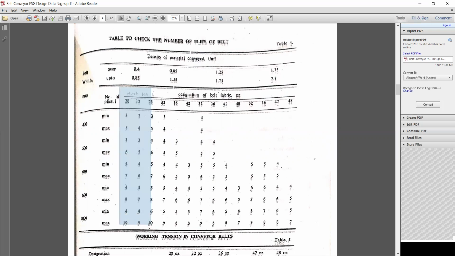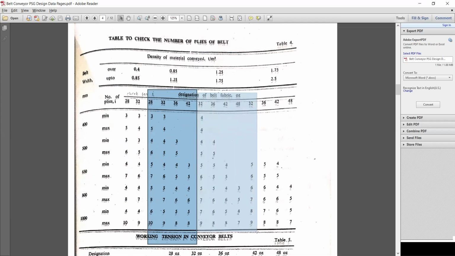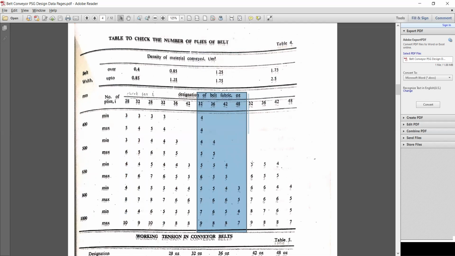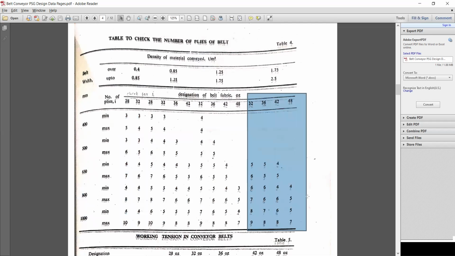Here the first segment is 0.4 to 0.85, second segment 0.85 to 1.5, and third segment is between 1.25 to 1.75, and the fourth and last segment is over here, that is 1.75 to 2.75.